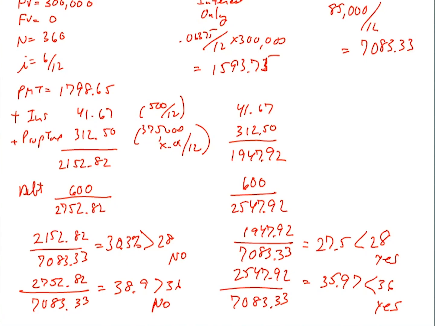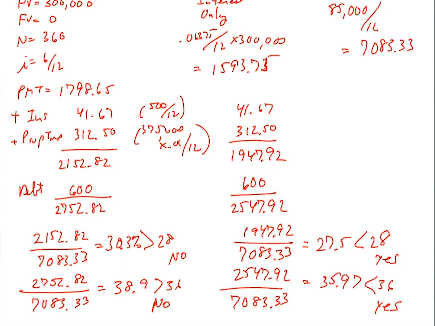With an interest-only loan, which is to the right of that, all we'd have to do is just pay the interest on the $300,000. So the rate is 0.06375 divided by 12 times the $300,000. So all we'd have to pay every month is $1,593.75.